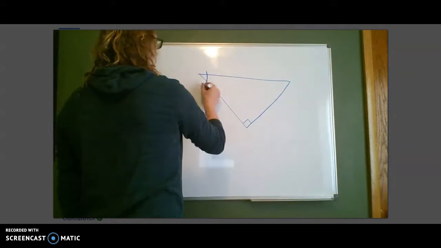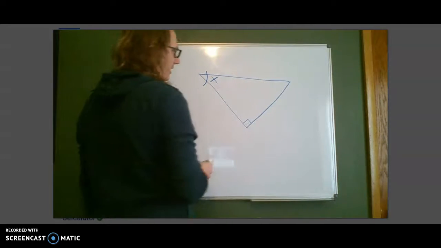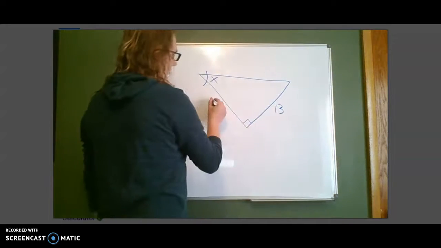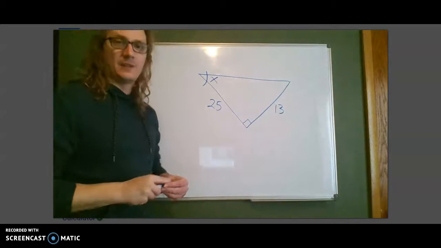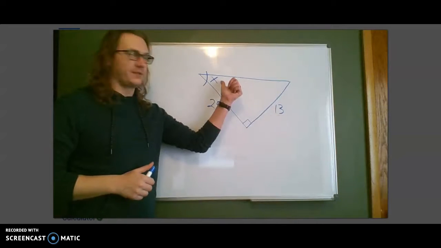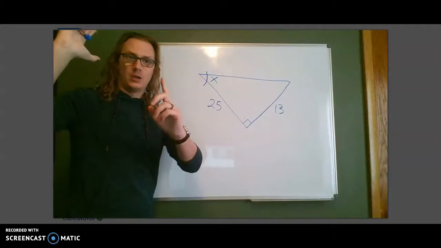That's okay. We'll love him anyway. All right, let's give ourselves an X there, and let's make that 13. I'll make this 25. Take a moment and find X. This is 25, this is 13. You're looking for this angle just to make sure you can see okay on my whiteboard, and go.